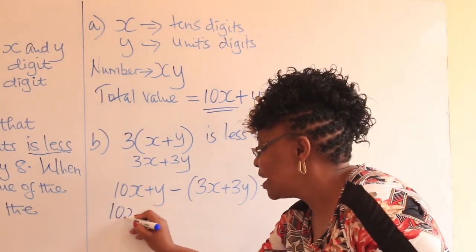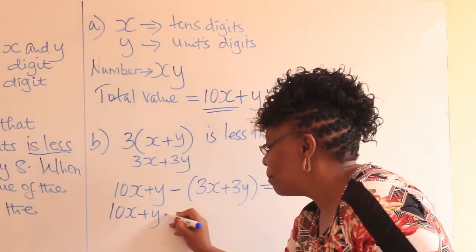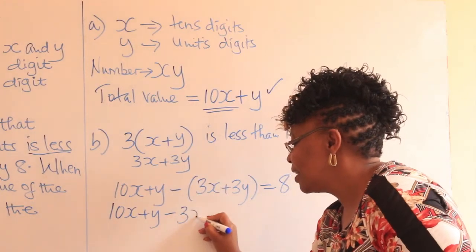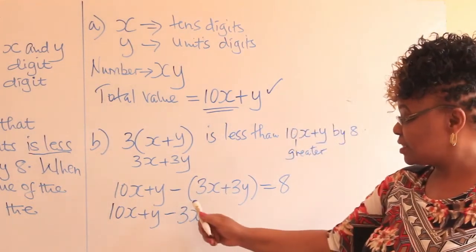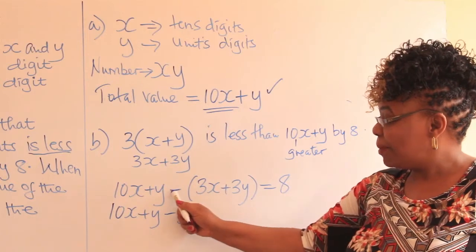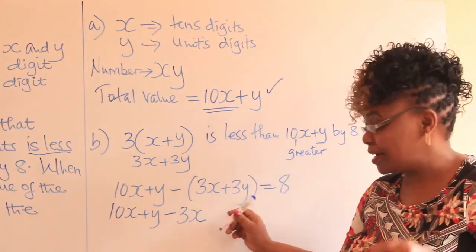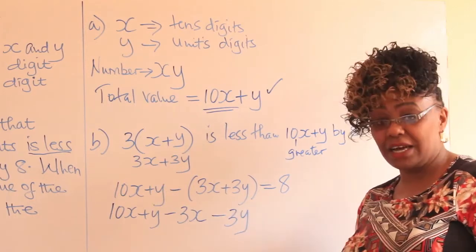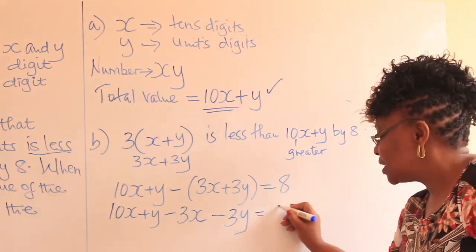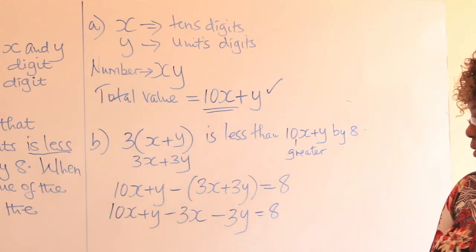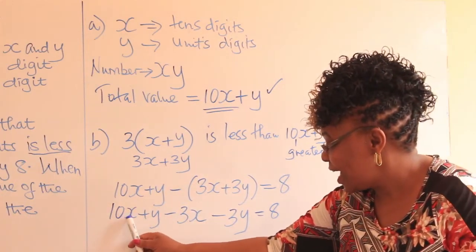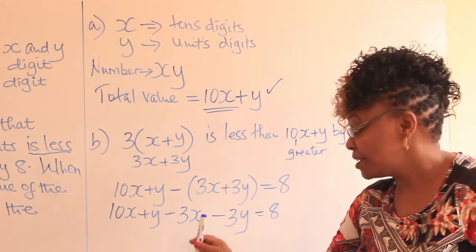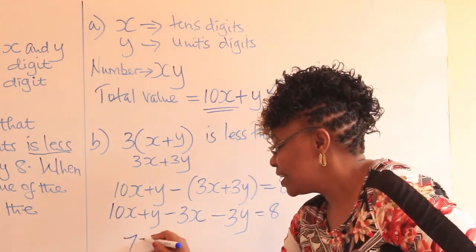Then remove the brackets. So this is 10x plus y minus 3x minus 3y. Take care of this as you remove the bracket. Minus times plus gives you what? Minus 3y. Look at that. Gives you 8. You put the like terms together. 10x minus 3x gives you 7x.